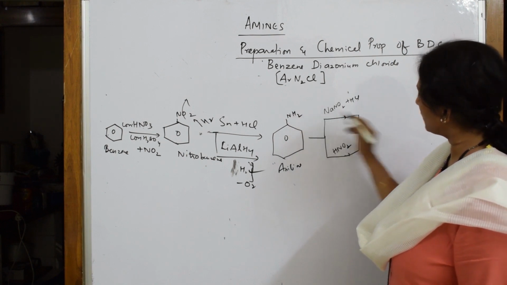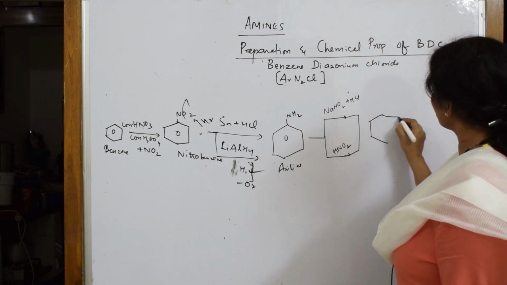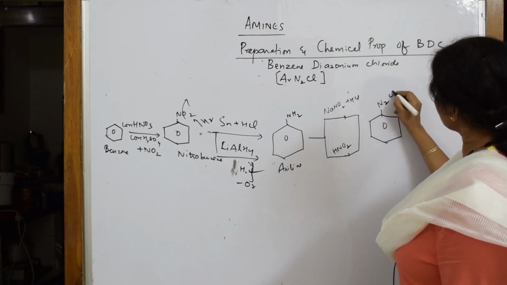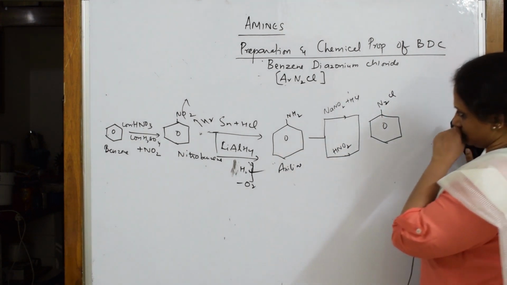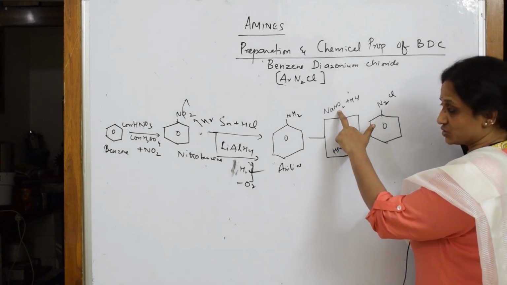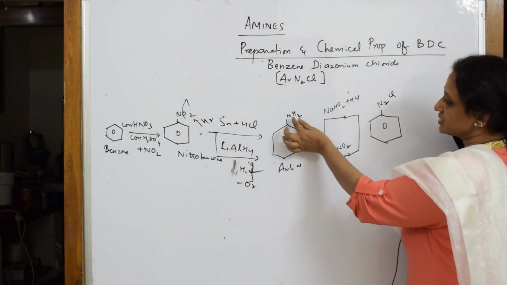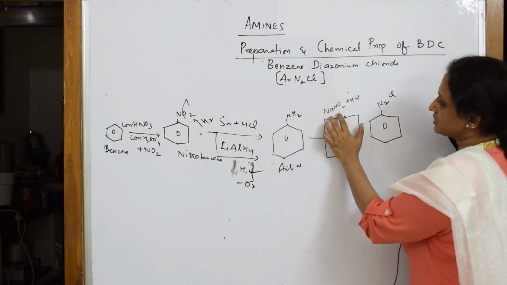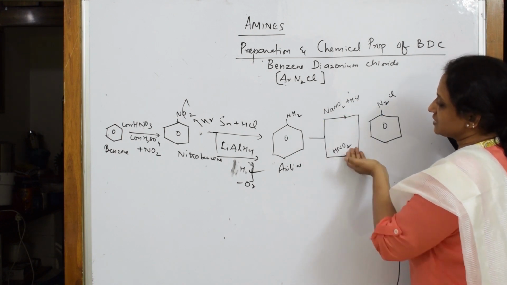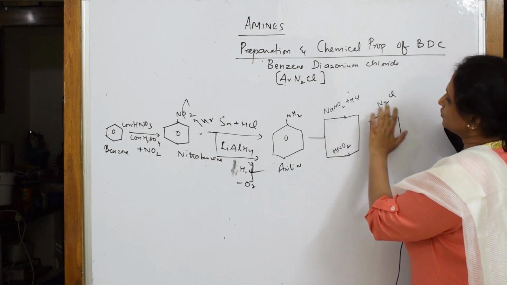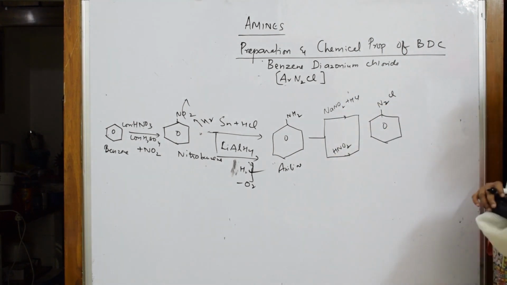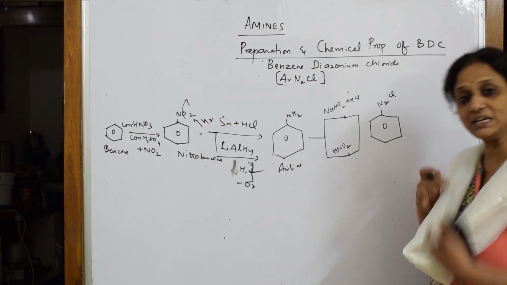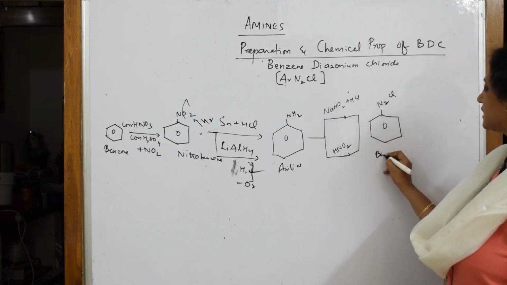Now this whole compound is going to get converted to a new compound, N2Cl. From where did I get it? Yes, reaction mechanism, I'll show you that also. This nitrogen forms a bond here and Cl forms a bond here. Remember that is the reason we are using this in acidic medium. So this is N2Cl. When you see these two, that means they want you to form BDC, benzene diazonium chloride.